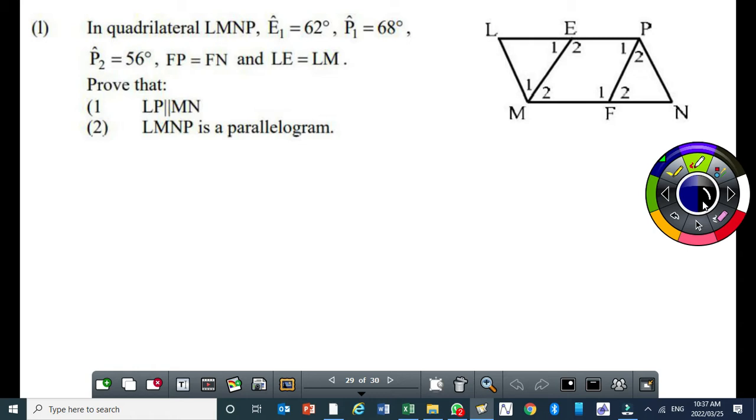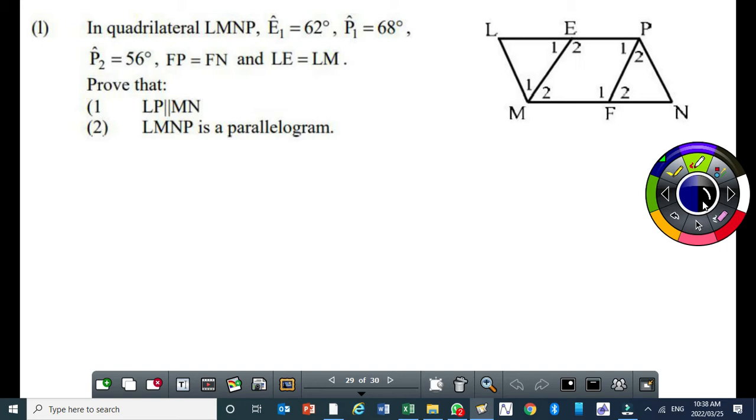Now, for this question here, corresponding angles are out, because remember, for you to identify corresponding angles, the angles must be on the same side of the transversal. So you either have to use coincident or alternate angles. Corresponding angles here won't help us. In actual fact, there are no corresponding angles.